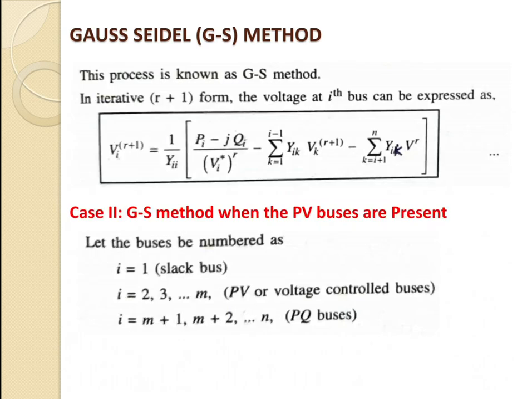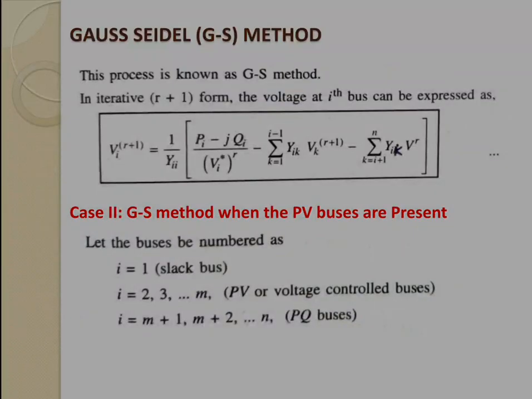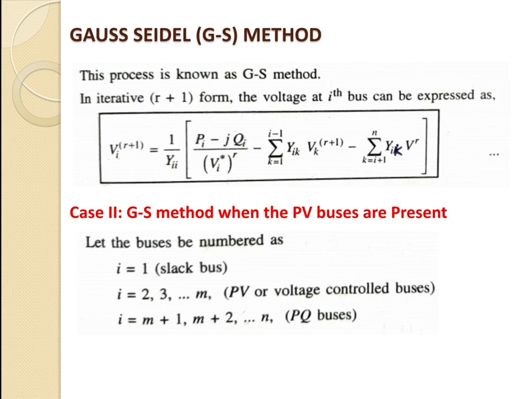Up to now we have assumed that PV buses are absent. Now we will go for case number 2, the GS method when PV buses are present. In the n bus power system, some of the buses are voltage control buses, that is PV buses, where P and V are specified and Q and delta are unknown, which we have to determine.